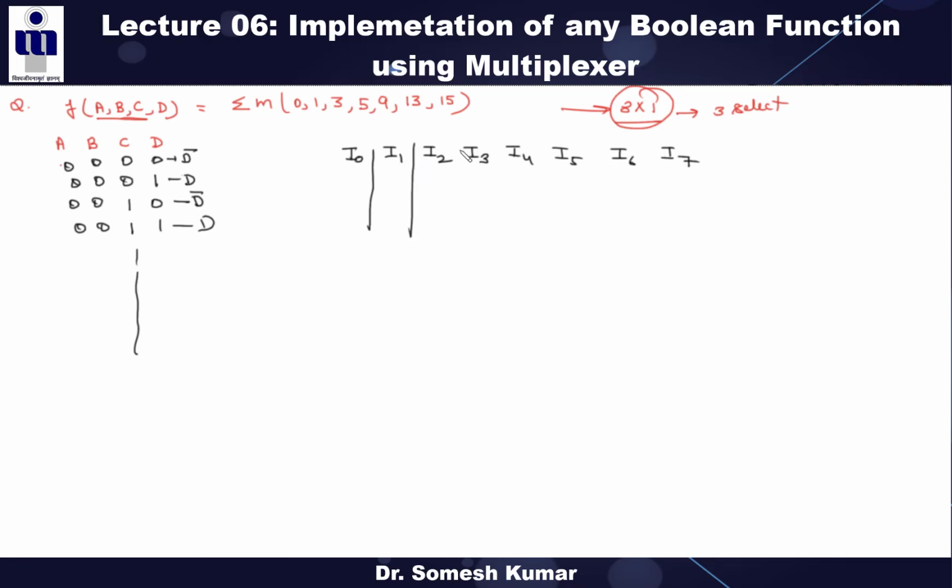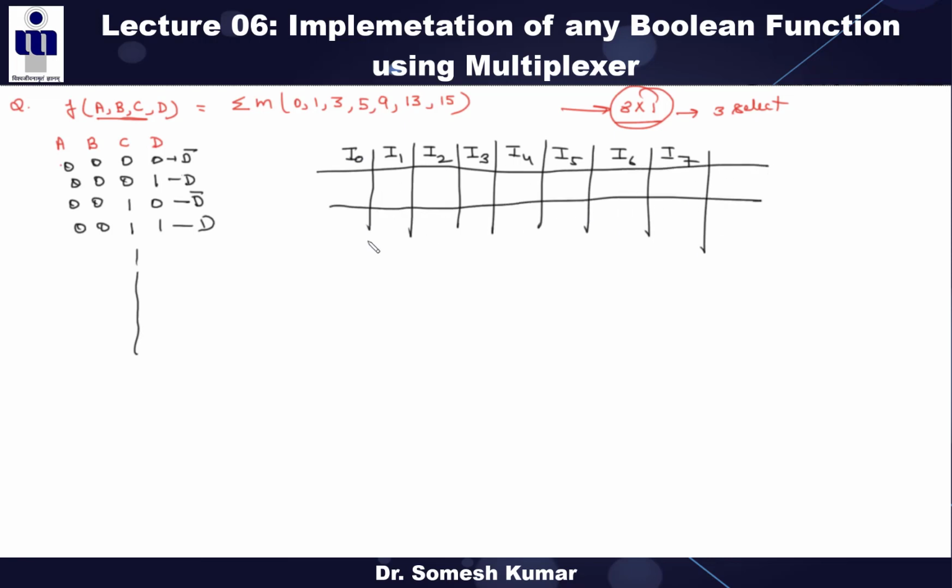These are your 8 inputs, right? So now what are the possible inputs of this? It may be your D, D bar, maybe 0 and maybe 1, right? These are the possible input combinations, right? So here I am writing D bar, here the D.